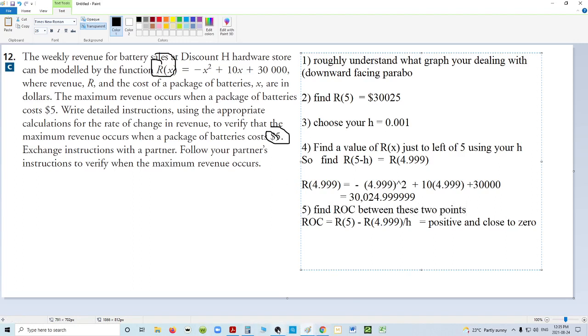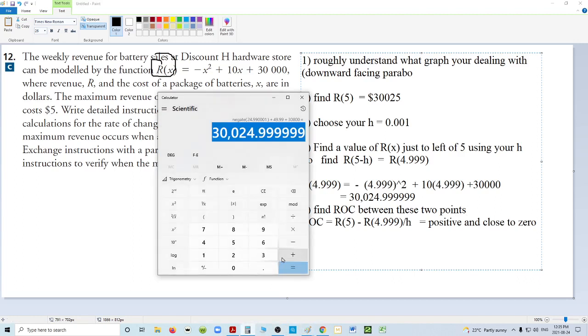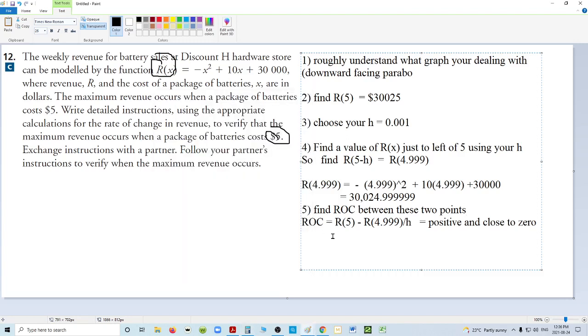I divide it by my h, 0.001. Now, my rate of change is a little less accurate because I used a small h.